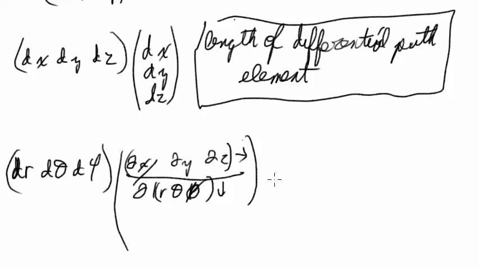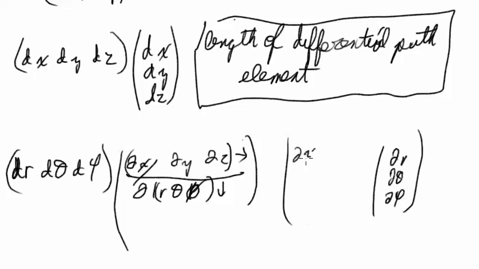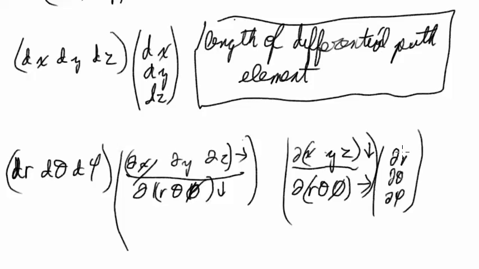And then over here we have del r, del theta, del phi, and we have del x, y, z, again, going down, del r theta phi going across, and this times this, dotted with this, will also give the length of the differential path element.